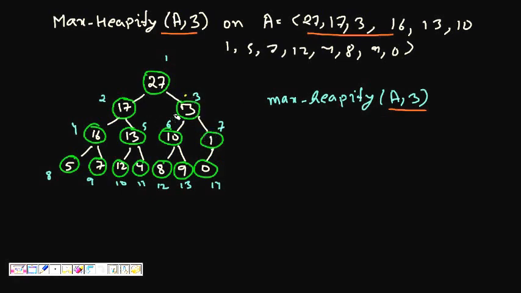Again, the max heap property is that the parent node value should be greater than or equal to both the left and right child. But here we see that A of 3, which is 3, is less than 10. So what do we do? We swap the value with the maximum among the children.